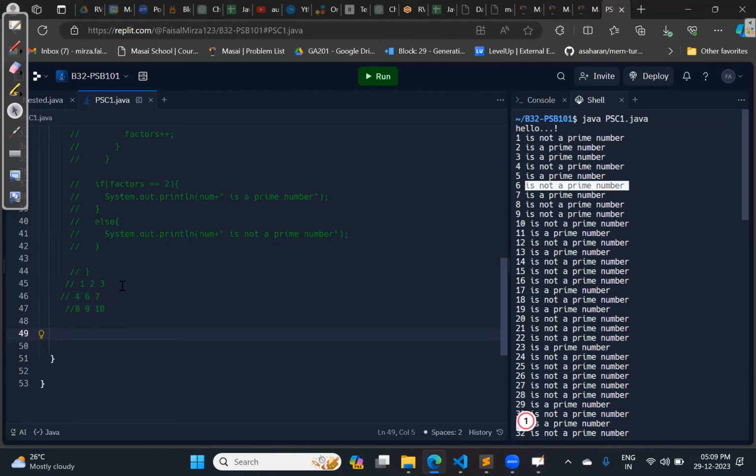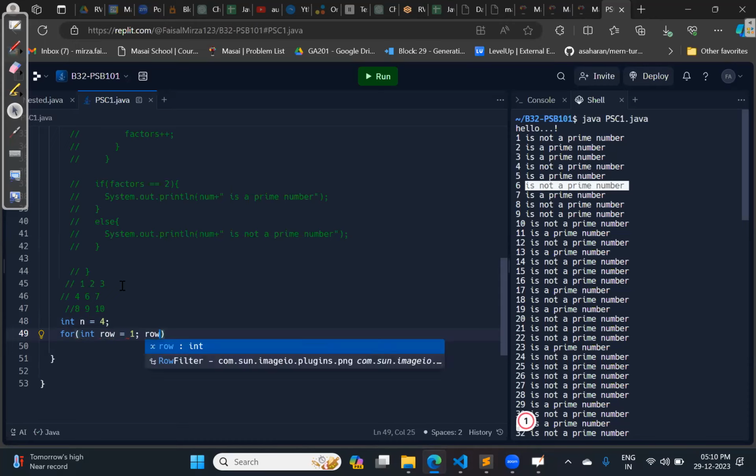First of all, n is equal to 4. Okay. Sorry, row is equal to 1, row is less than or equal to 4, row plus plus.